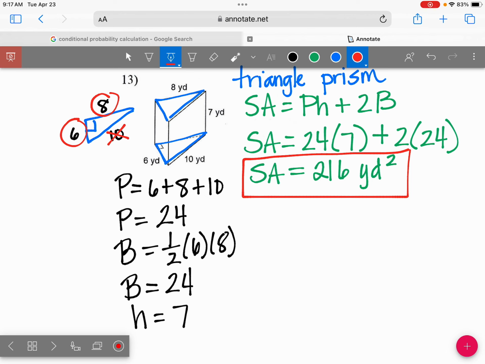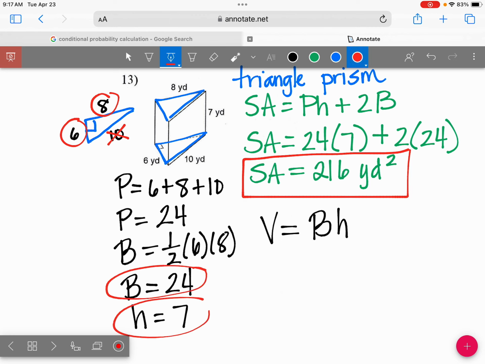All right, go to the last page. What's the formula for volume of the prism? I have that up here. Just BH? Okay, good. B times H. And do we know B already? Yep. And do we know H? Yep.